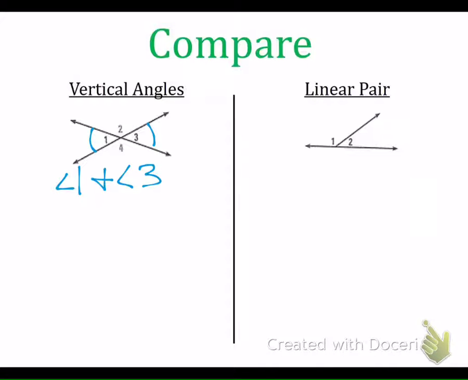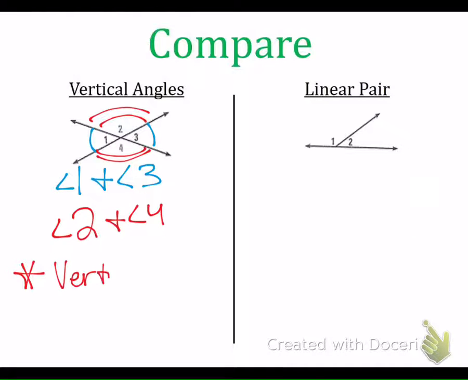Angle 2 and angle 4 are also vertical angles. Now, do you remember what you discovered about vertical angles yesterday? They're congruent. So I'm going to add that right here. Vertical angles are congruent.